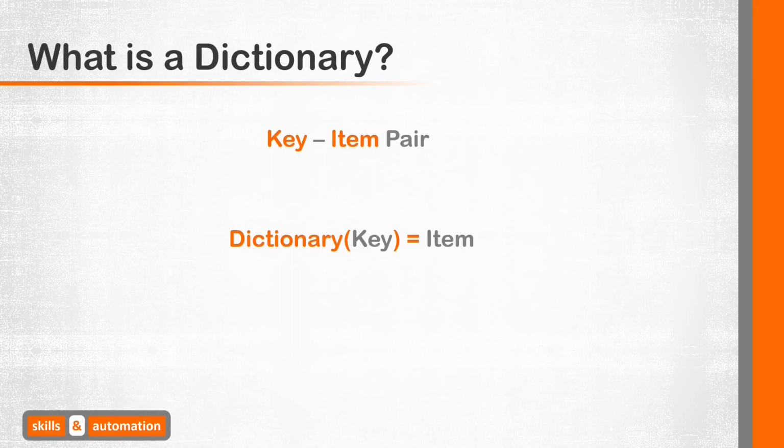Now, I'll admit that the term item seems a bit confusing, at least to me. I just wish we could call it value and reference this set as a key value pair, which makes so much more sense. In fact, that's what it's called in Python. But for VBA, we are stuck with item, so just memorize that.